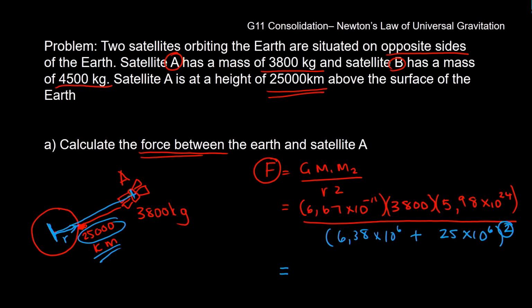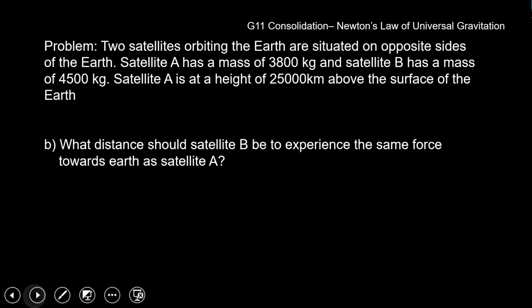We get an answer of 1,539.23 newtons. That is the force being exerted on satellite A as it is circling the Earth at 25,000 kilometers. We may have time for this last one.